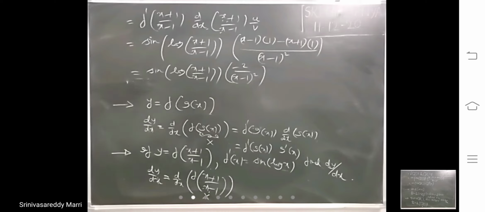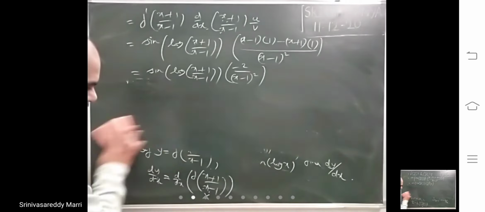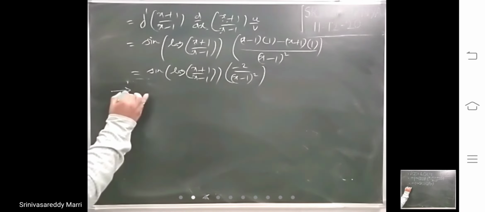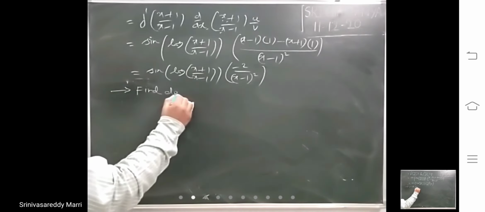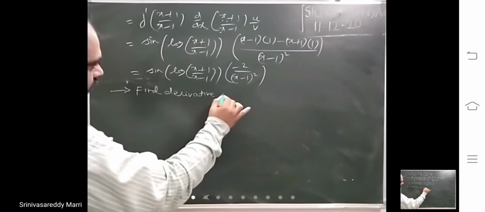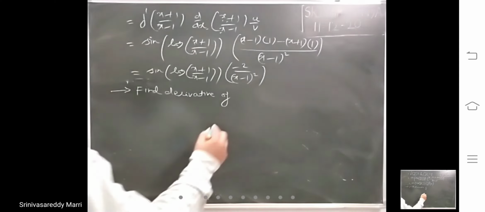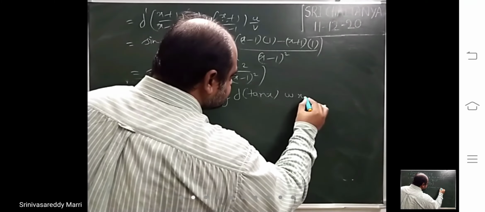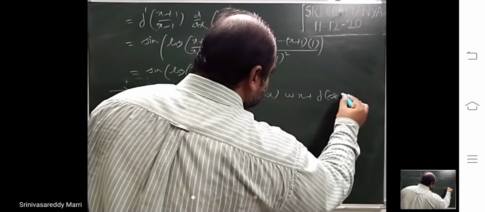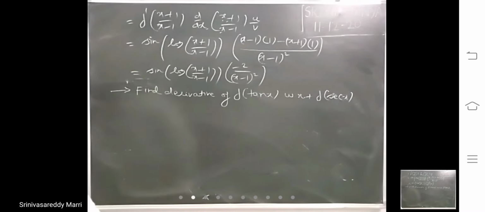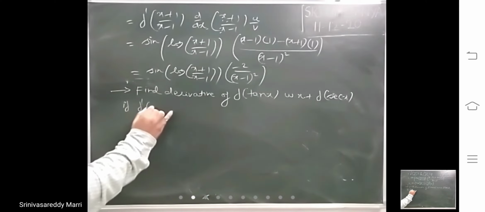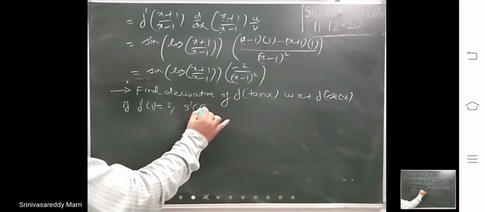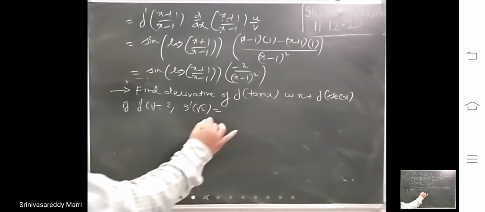Next, look at one more example. Find the derivative of f of tan x with respect to f of secant x, if f dash 1 equals 2, g dash root 2 equals 4.